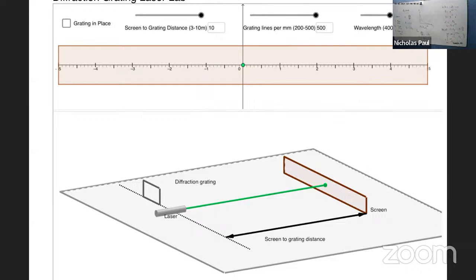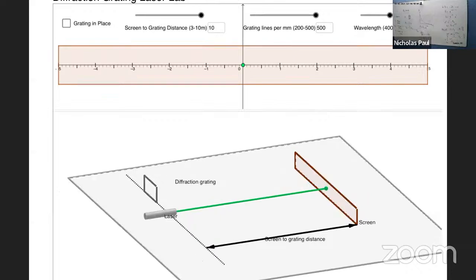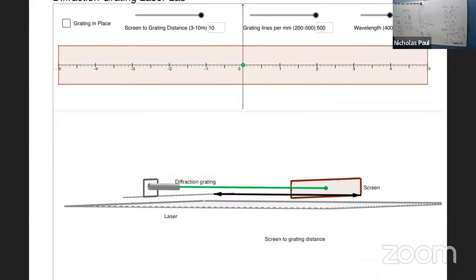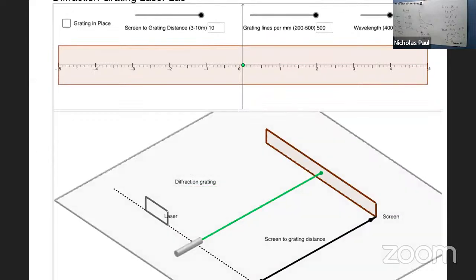So let's take this diffraction grating here. So I can move that. Right? So we have the laser.